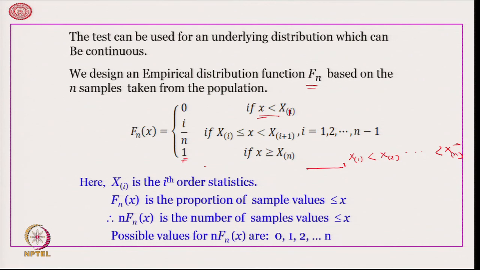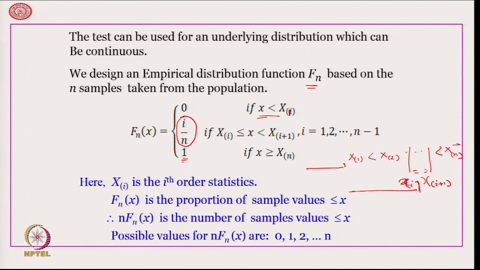In between, for xi and xi+1, if these are the observed statistics, any x in this interval means that there are i observations out of n less than this. Therefore, the cumulative probability is i by n.